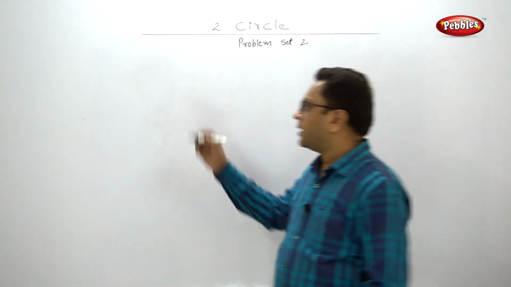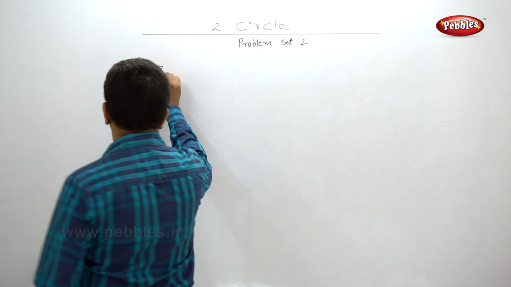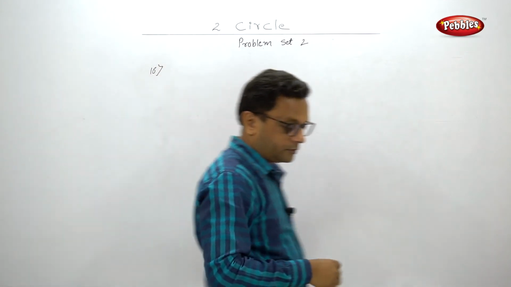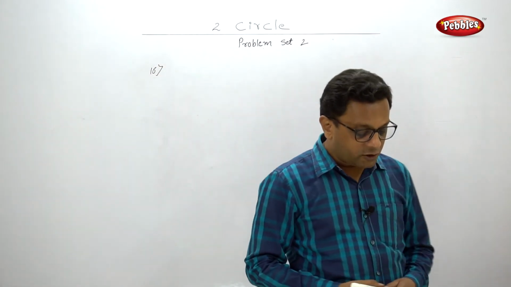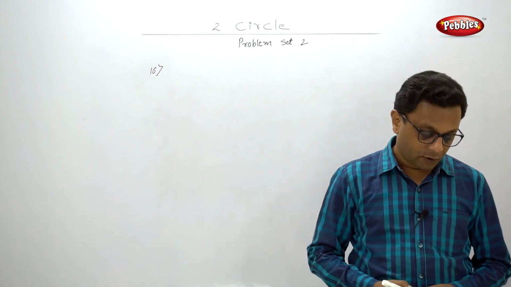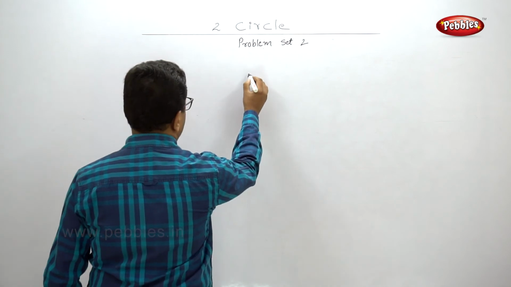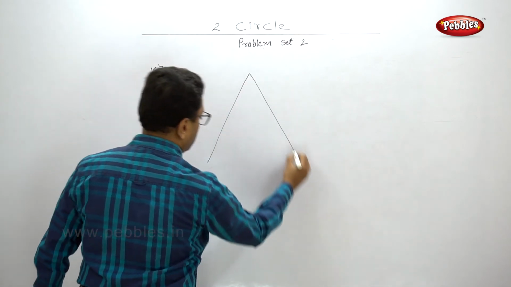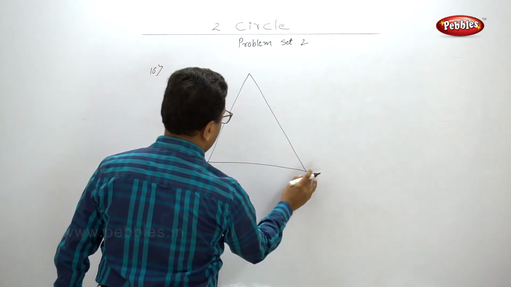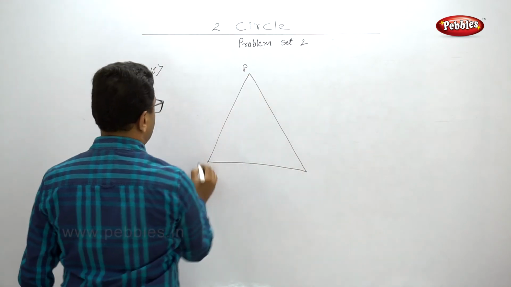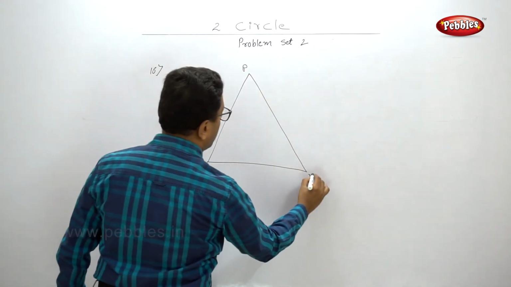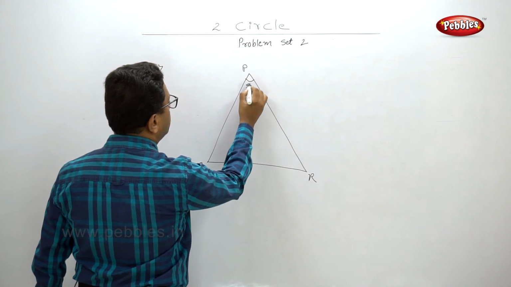Let us see example number 16. In an isosceles triangle PQR, the vertical angle P is 50 degrees. There is one isosceles triangle PQR, and this angle P is 50 degrees.